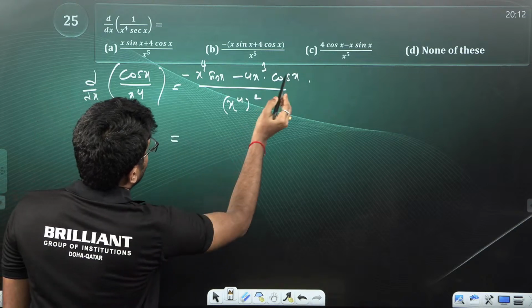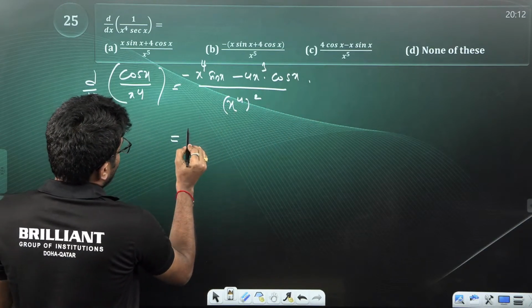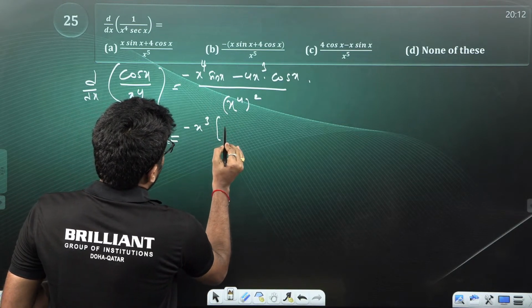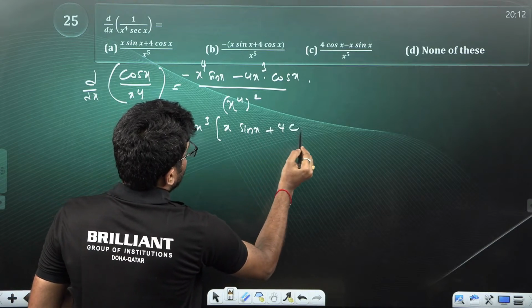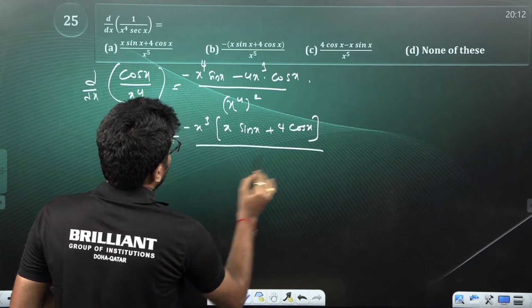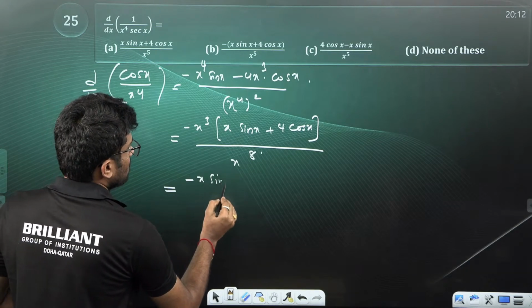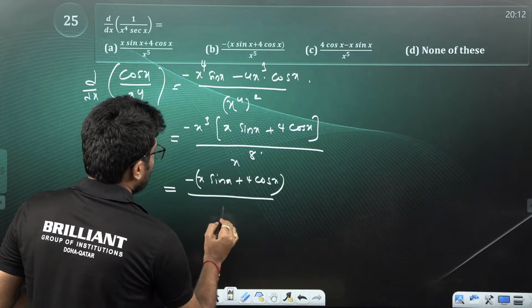Anyhow, x cube can be taken common, I guess. Minus x cube if we take common, then x sin x plus 4 cos x whole divided by x power 8. Then you get minus of x sin x plus 4 cos x divided by x power 5.